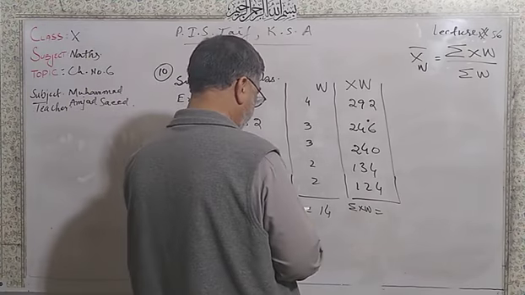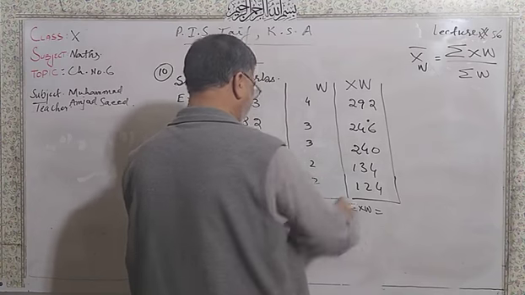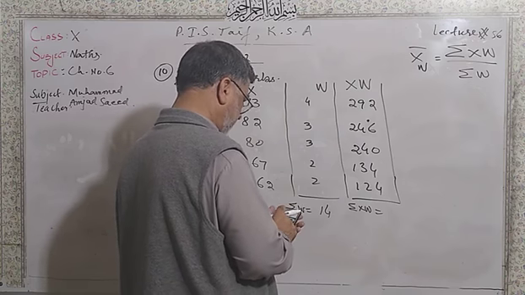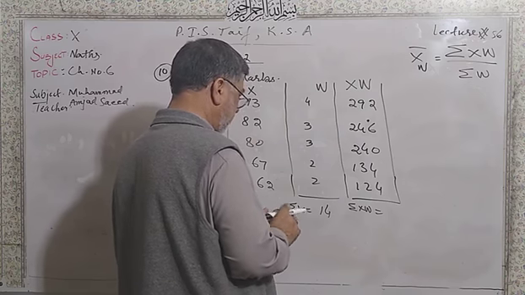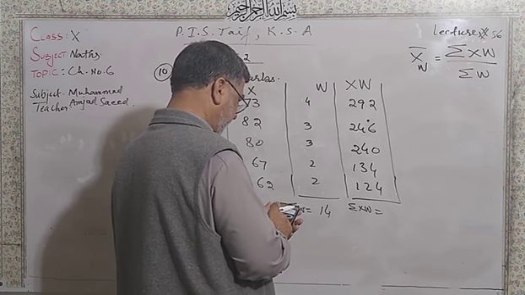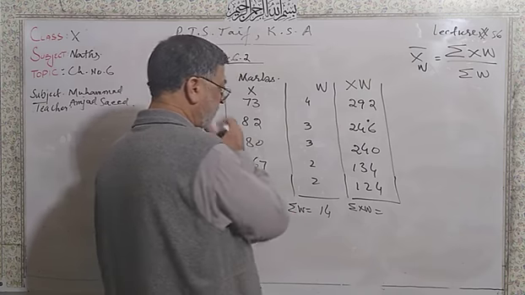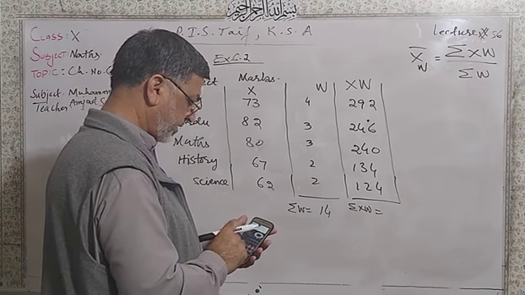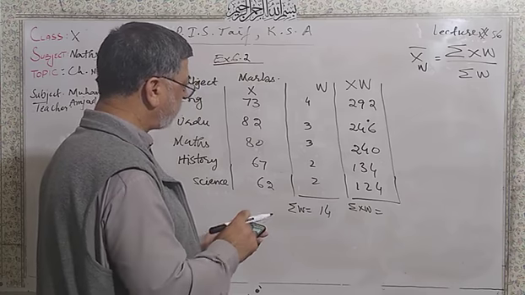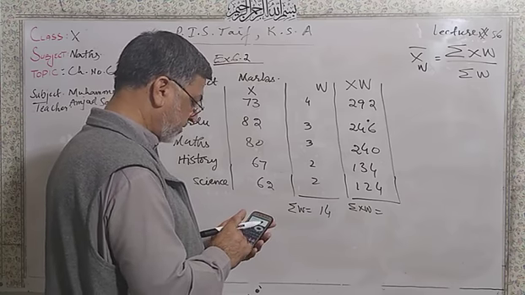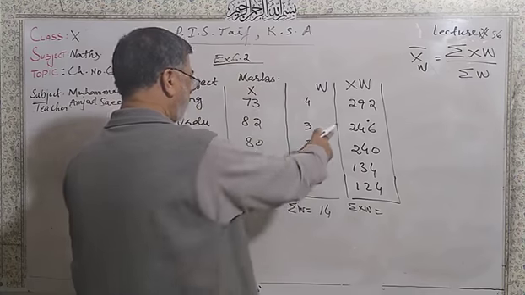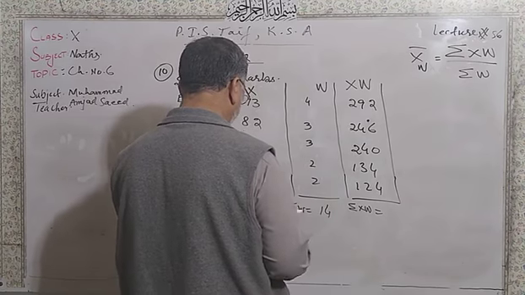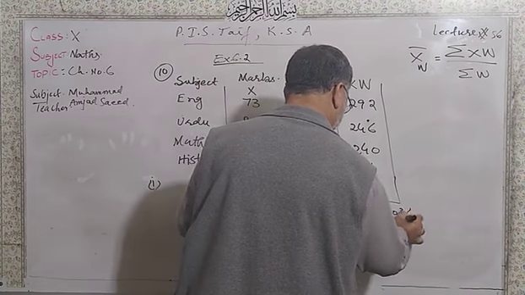Sigma xw, we will add them: 292 plus 246 plus 240 plus 134 plus 124 equals 1036.